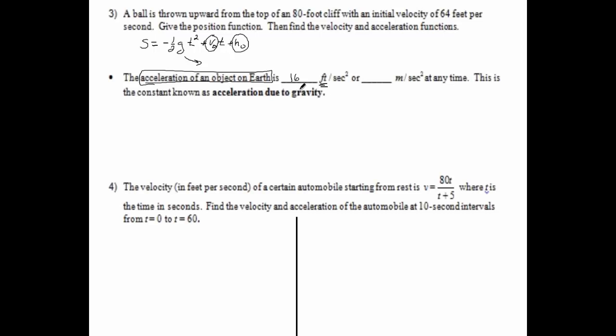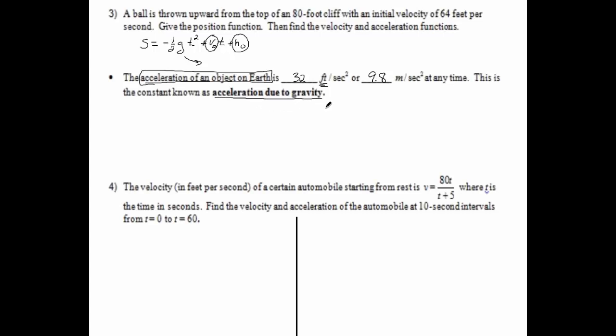If we're talking about feet, then it is 32 feet per second squared. If we're talking about acceleration due to gravity in meters per second squared, we would have 9.8 meters per second squared at any time. This constant is known as the acceleration due to gravity.